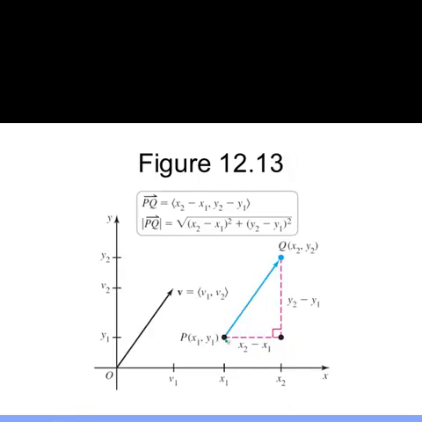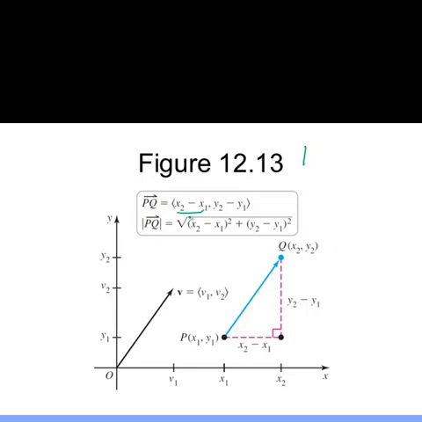So if we have this vector that goes from P to Q, where P is at point x sub 1, y sub 1, and Q is at point x sub 2, y sub 2, then the x component of PQ is right here.